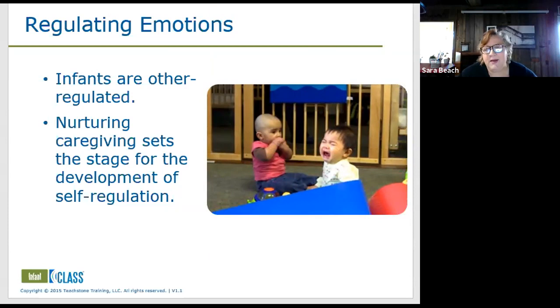But they really depend on the adult for the most part to get their regulation, to get their needs met and be calmed, right? That's what adults are for, to do the regulating for the child, so that they can gradually learn how to calm themselves.